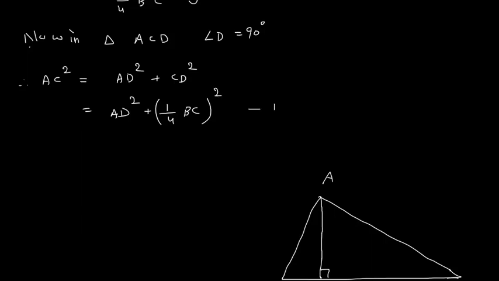Now this is my second equation. Also, in triangle ABD, angle D is 90 degrees, so the reason, if you want to write, you can write Pythagoras theorem.